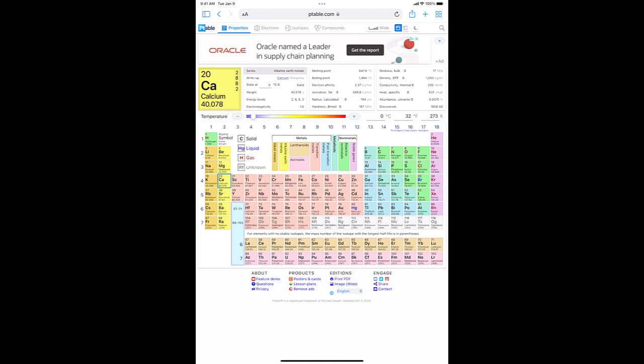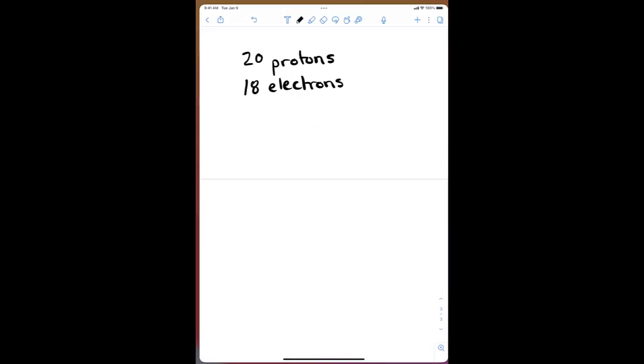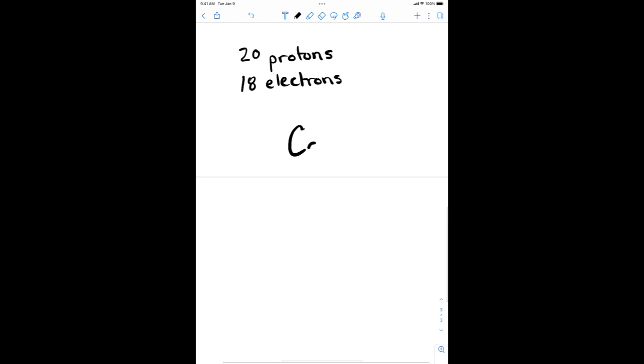So we can come back over here and say we are dealing with calcium. Now we can figure out the charge. Those protons have a plus charge, those electrons have a minus charge, and we can see that there are 2 more protons than there are electrons, and so that charge is going to be 2 plus.